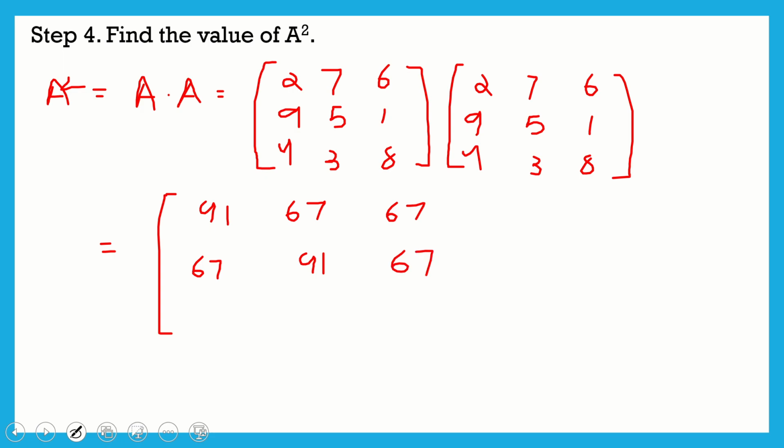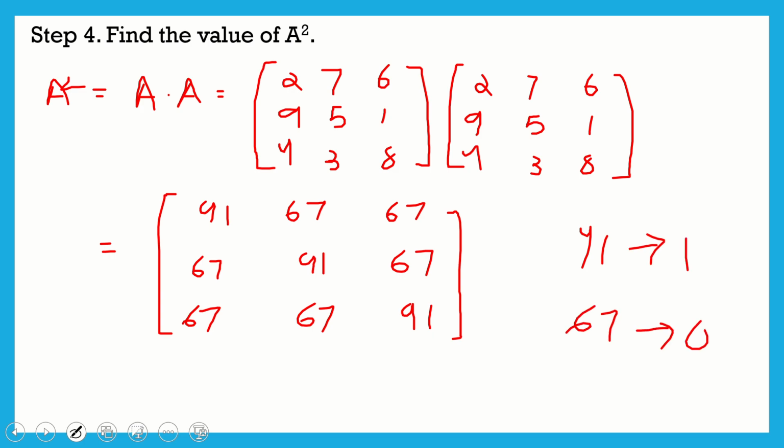91 67 67, 67 91 67, 67 67 91. It is coming like an identity matrix. Suppose here in place of 91 you assume 1, and in place of 67 you assume 0.